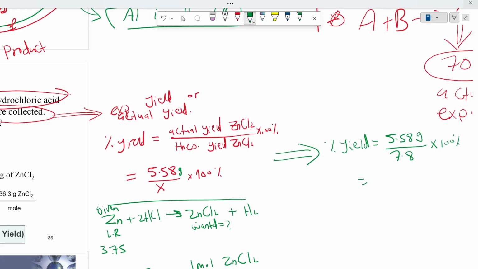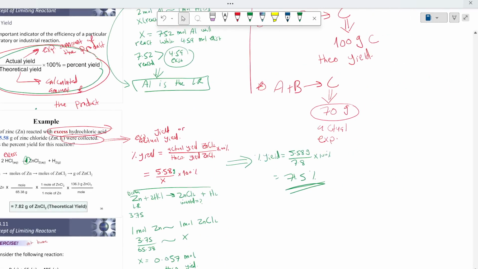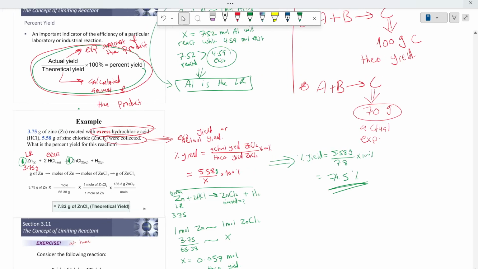The answer is 71.5%. This is how to determine the percent yield of chemical reactions.